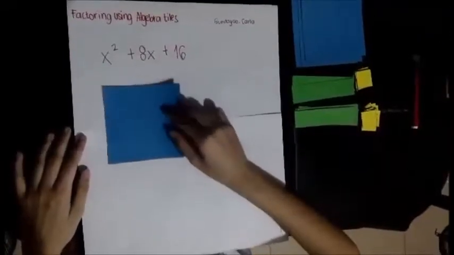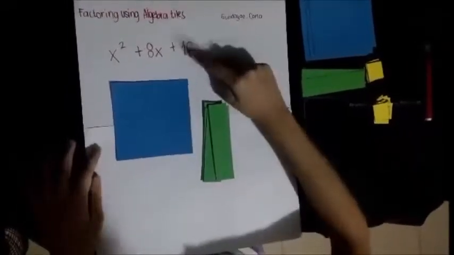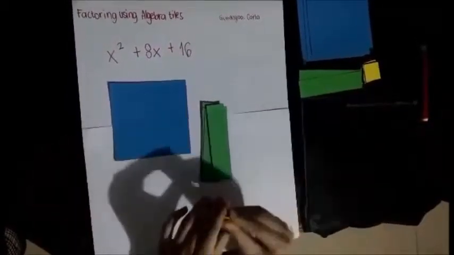The problem is factor x squared plus 8x plus 16. We're going to represent each term. So, x squared, and now we're going to represent 8x. So, we're going to have 8 green tiles. And now, for the 16, we're going to represent that and get 16 yellow tiles.